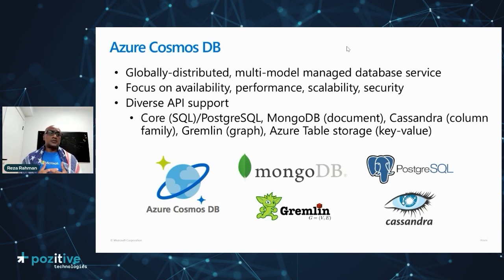The main characteristics that make Azure Cosmos DB in particular shine is availability, right? There's a strong focus on making it available in terms of uptime as well as geographic distribution, including real-time replication. Performance, even in a globally distributed mode, we want to give you sub-millisecond data access characteristics.